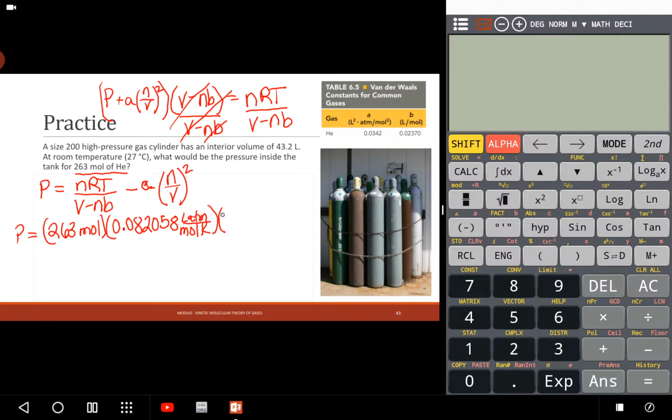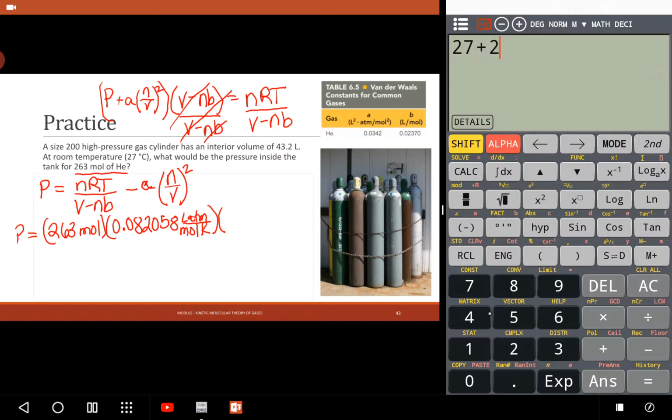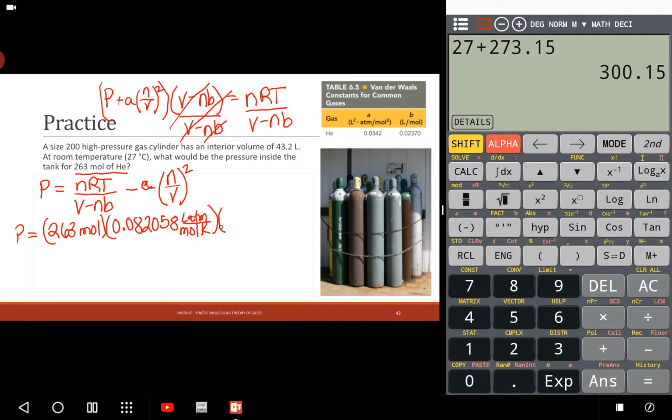My temperature is 27 plus 273.15. And so it's 300.15 Kelvin. And then I got to divide that by V, which is 43.2 liters. And then minus my N. My N is 263 moles.